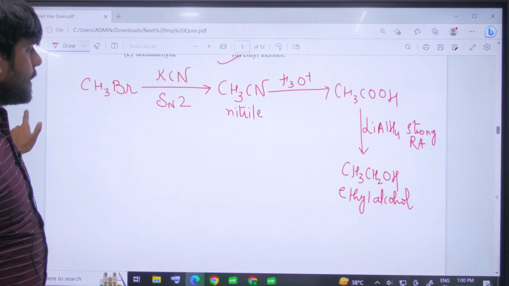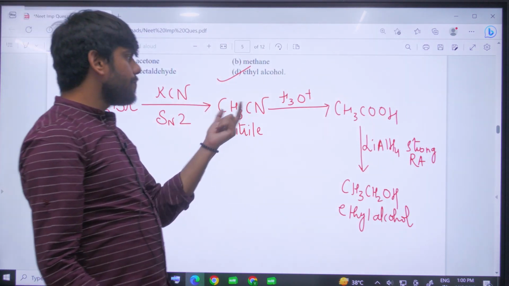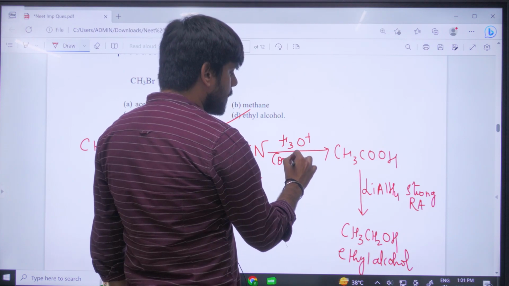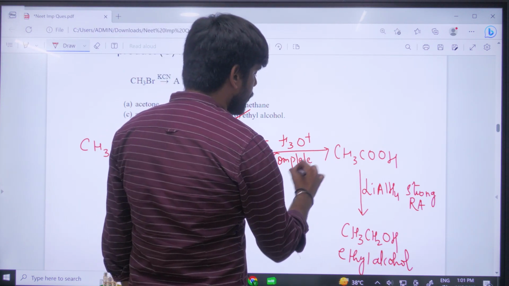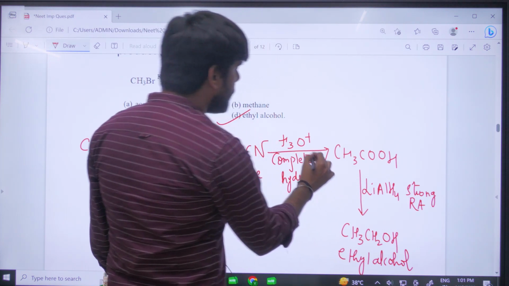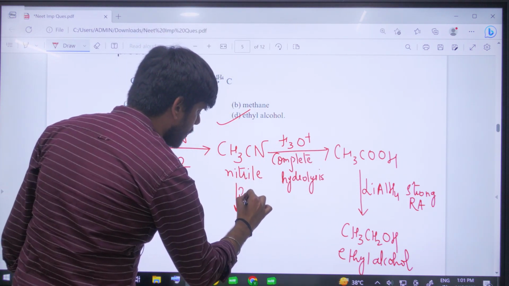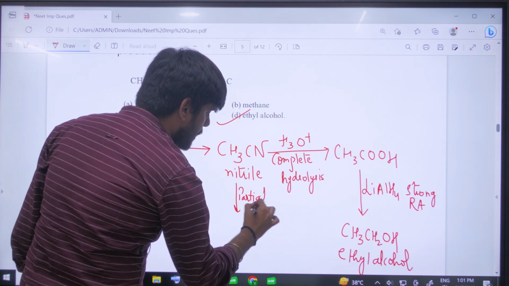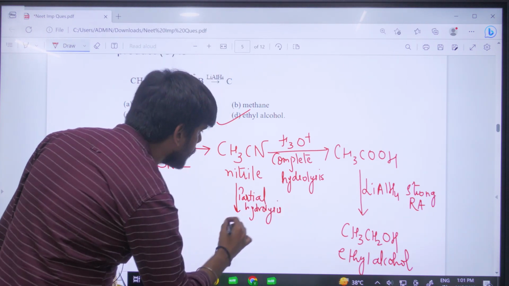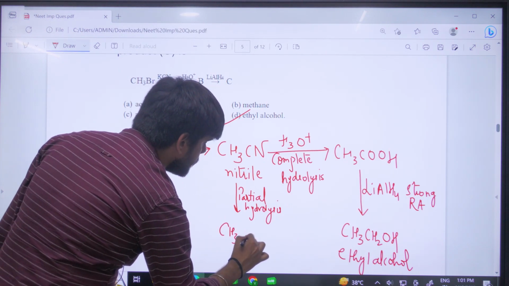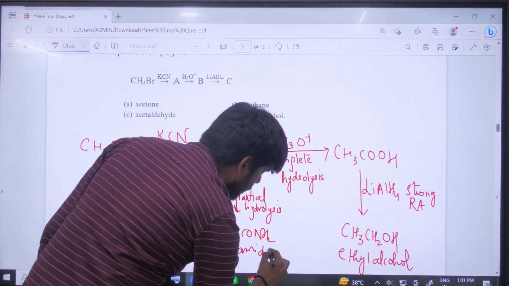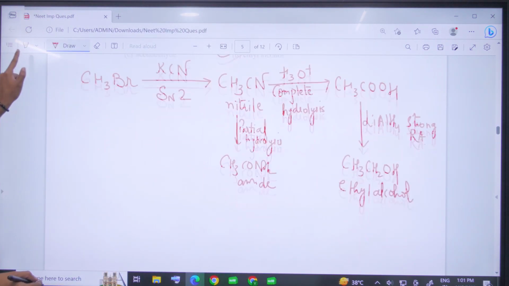Clear? Also, when nothing is written over here, I will consider a complete hydrolysis only. This is complete hydrolysis. If it would have been partial hydrolysis, I would have got CH3CONH2, that is amide. Alright.